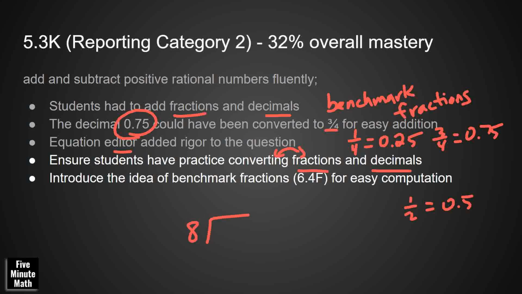That's your long division. You go 8 into 5, and you would have got the 0.625. Now, they need practice with that, and then let's get into some of those benchmark fractions. Like I said, it is 6.4F. It's a 6th grade standard, but some of these are going to be very easy for students, and they can pick it up in 5th grade. There's no reason why they can't do it now, because as we can tell, they're going to need it.